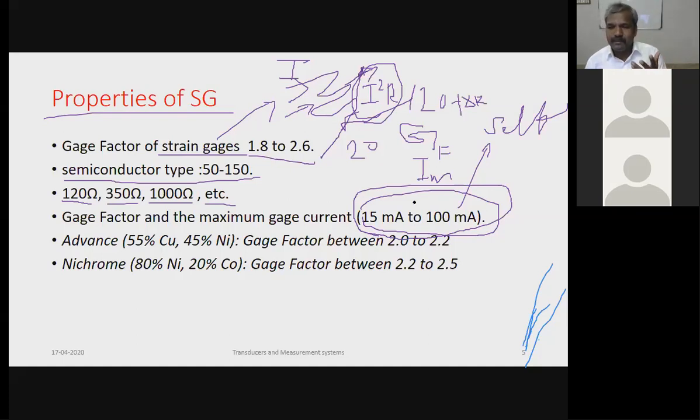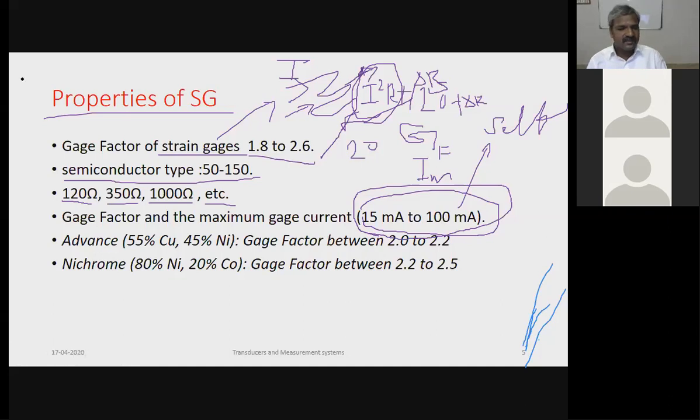But if we pass more than 100 milliampere, the manufacturer's specified current, it gives some change in resistance due to self-heating error. So the del R S is due to the additional current.